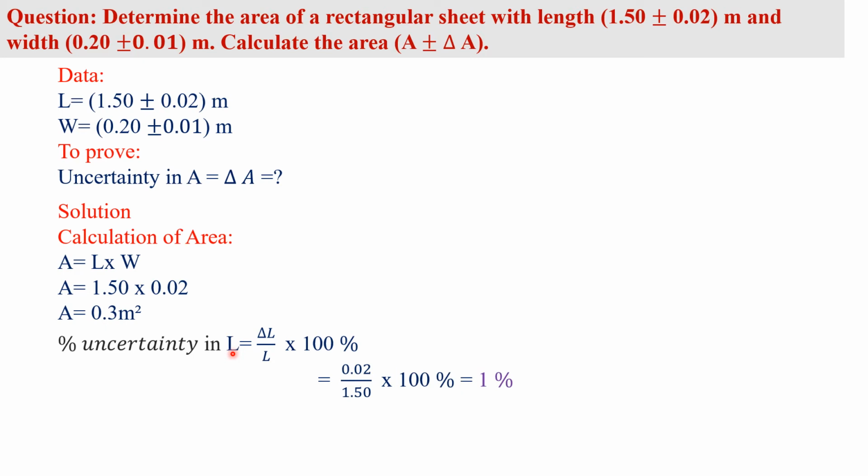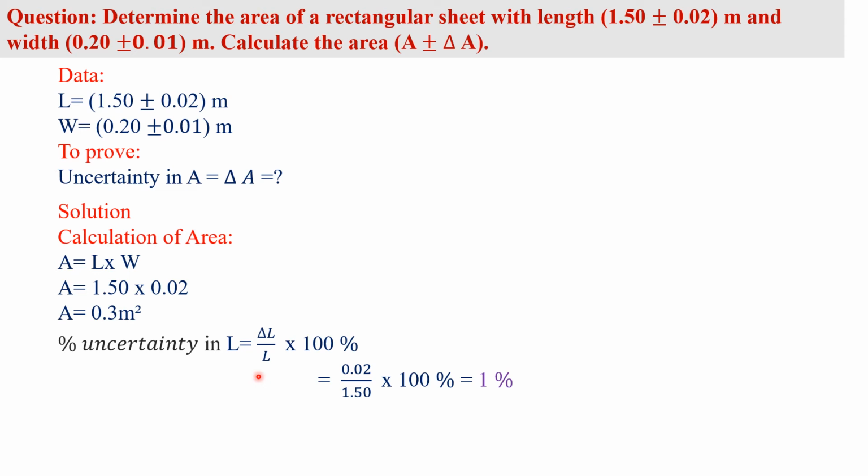As the product of length and width gives area, and I told you in a previous lecture that in this type of condition we can calculate the percentage uncertainty in area by adding the percentage uncertainty in length with the percentage uncertainty in width. So we need to calculate the percentage uncertainty in length and in width.